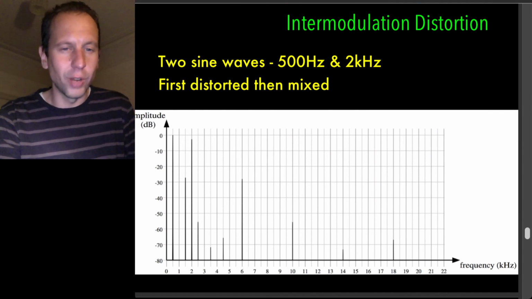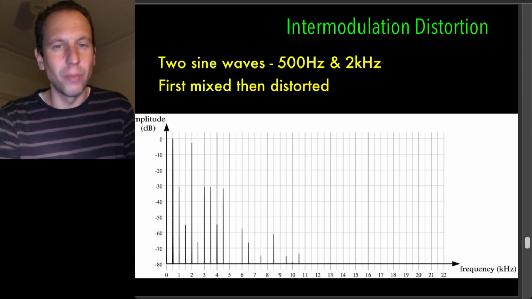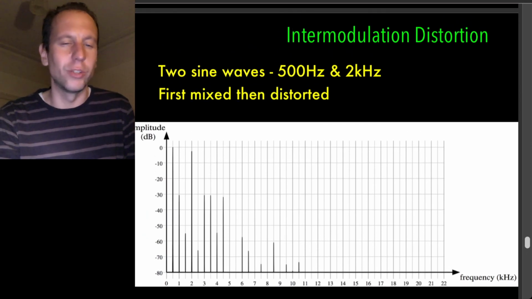And then you can figure out that the 500 Hertz has 1.5K, then it has 2.5K, and so on. Whereas the 2K, the first one is the 6K, then comes the 10K, and so on. So actually each sine wave has its harmonics, and that's it. So we first distort them and then mix them. But if we do it the other way around, if we first mix them and then distort them, then you will get the intermodulation components.